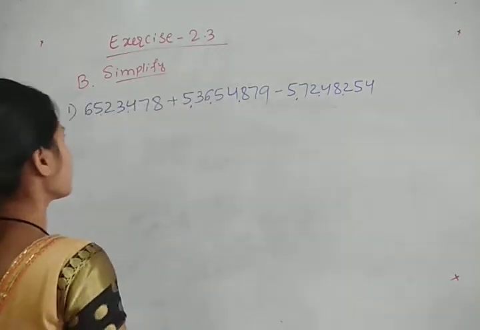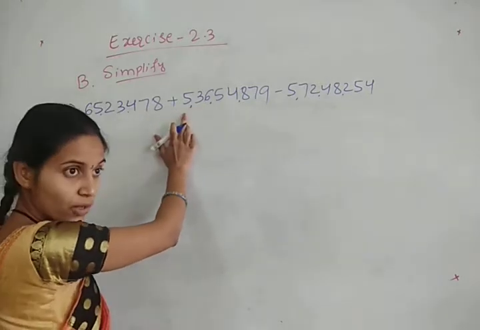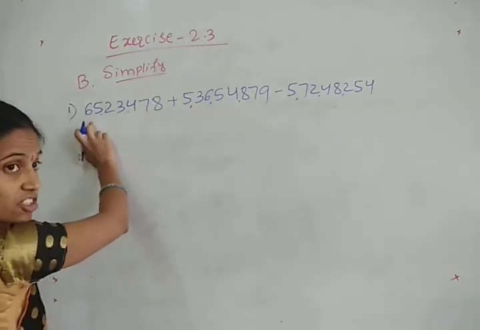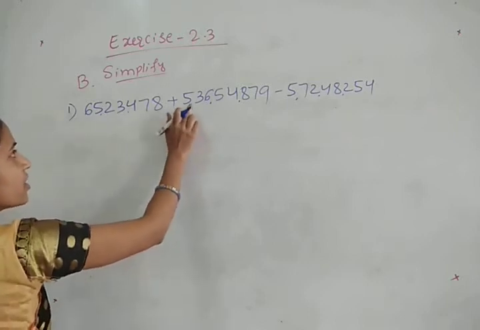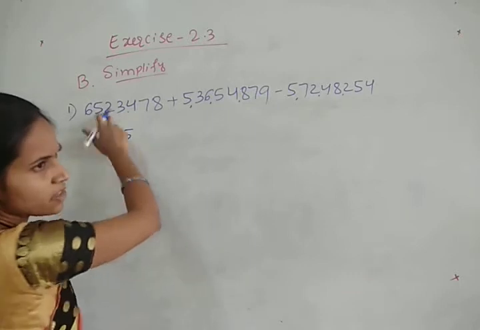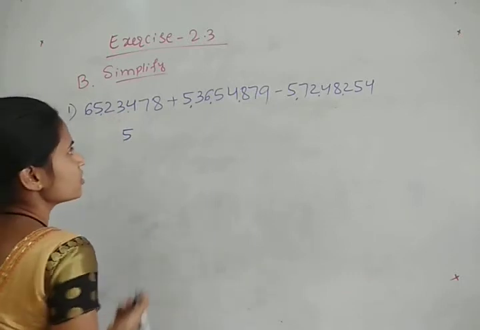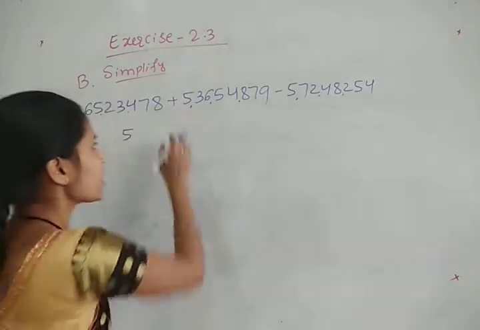Now this number is bigger than this because it is 5 crore, but here we have 65 lakh. Then I will write this number first. You can write this one first, but for easier calculation, I will write this one first.